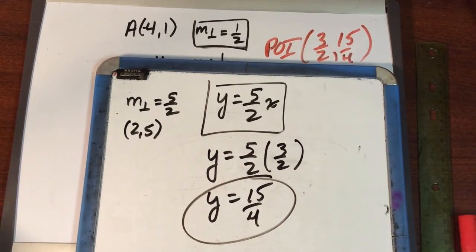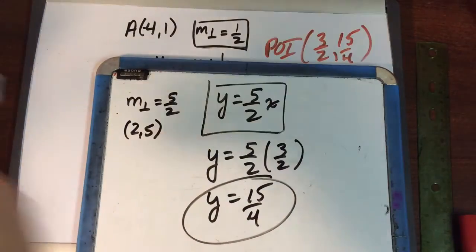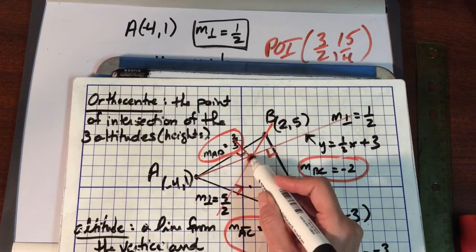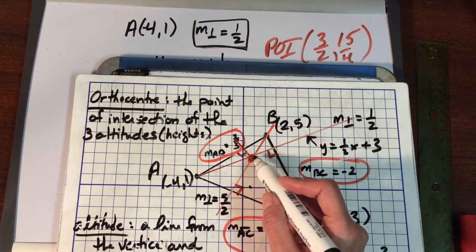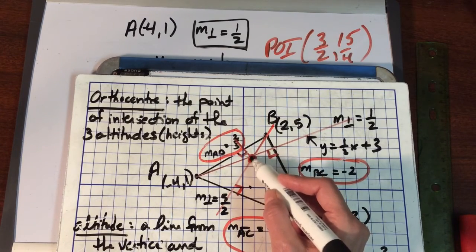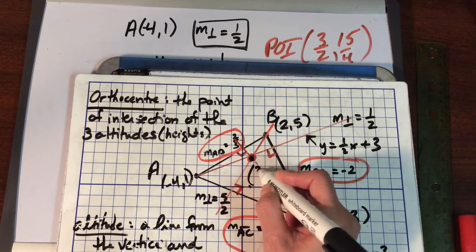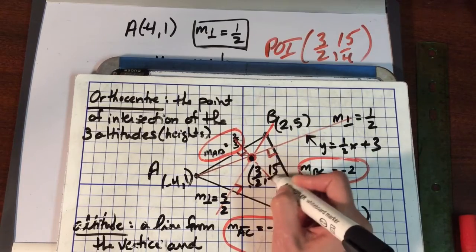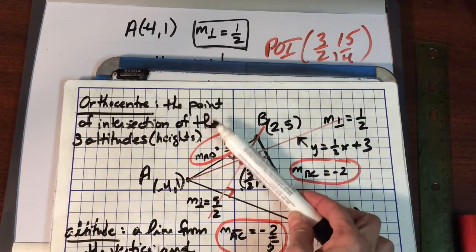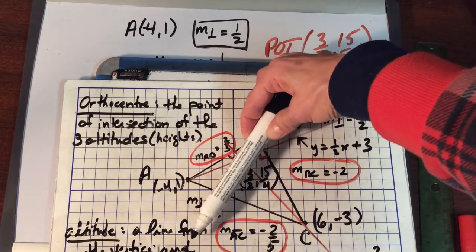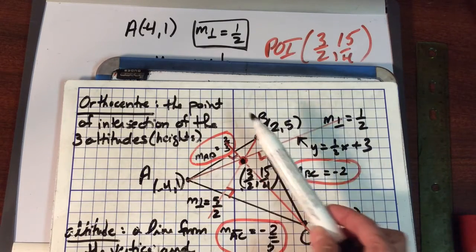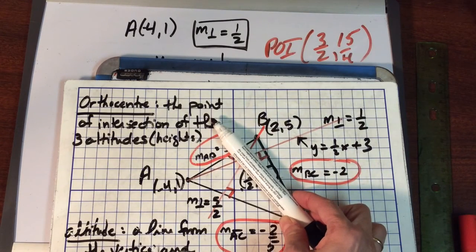And let's look at it on our diagram and see if we were pretty close. 3 over 2 is like 1.5. So 1.5 is here. So that's very good. And 15 over 4 is almost 4. 1, 2, 3, 4. I mean, I'm off a bit, but that's approximately, from my drawing, 3 over 2, 15 over 4. And so for the orthocenter, we have found the perpendiculars. The altitudes are just perpendicular to the opposite side.